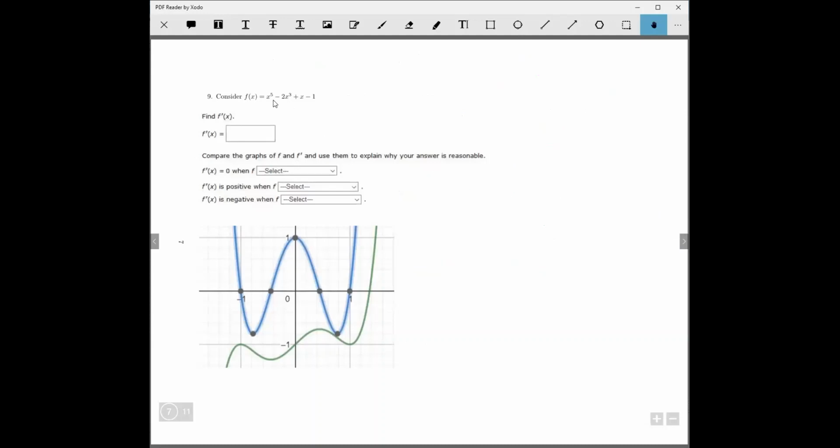Here we have the function x to the 5th minus 2x cubed plus x minus 1. Okay, so this is that function there. Now we can calculate the derivative. We can just write the derivative right here.